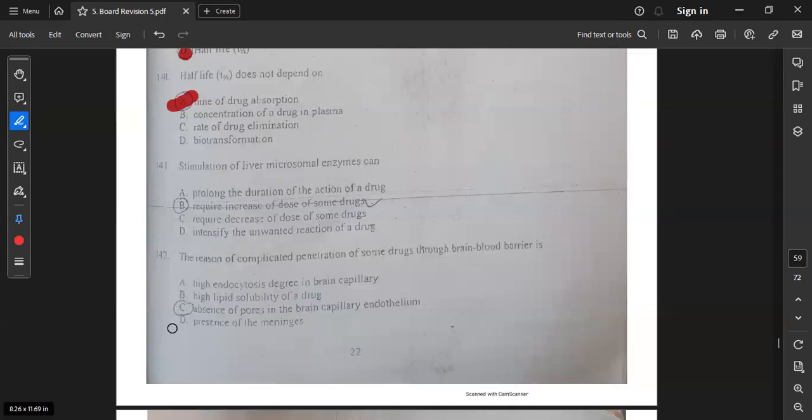I think if you stimulate the microsomal enzymes, the drug will be metabolized more, so it won't intensify the unwanted action of the drug because the drug will have less effect. But I'm asking for the case where the CYP is the one forming the toxic metabolite. Oh yeah, if it's forming the toxic metabolite, then it will lead to unwanted side effects.